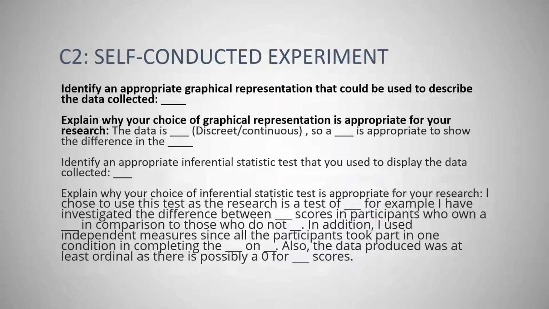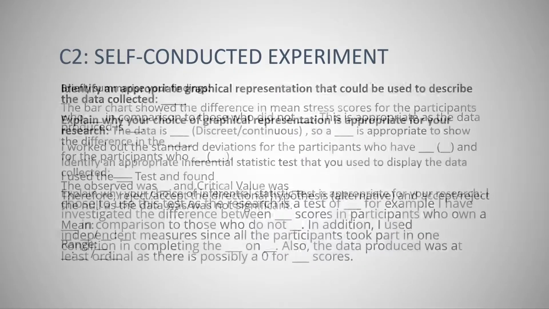Also, the data produced was at least ordinal as there was a possible 0 for the scores. So, in these answers as well, you should always relate it back to your experiment. So literally, you have to rinse it. Like always say, during my questionnaire, examining so-and-so and so-and-so, you have to always repeat that.